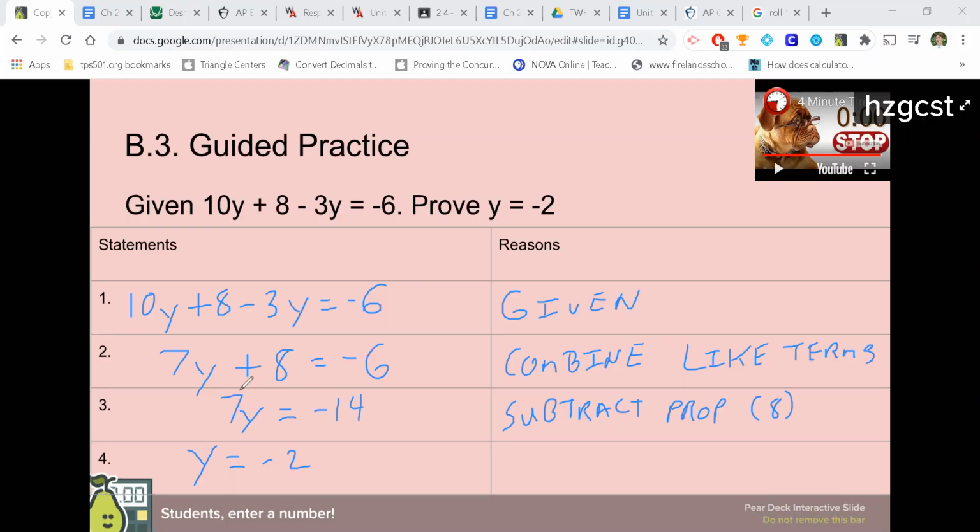And then to get rid of this 7, so I have just y, I would use the division property of equality, where I would divide both sides by 7, to get negative 14 divided by 7, which is negative 2.